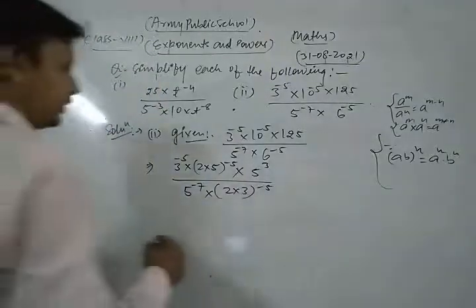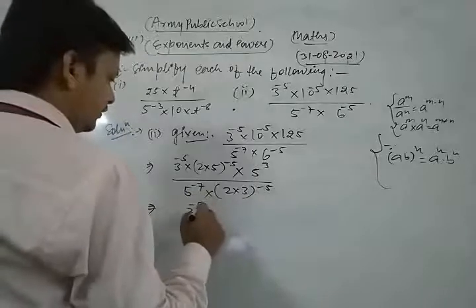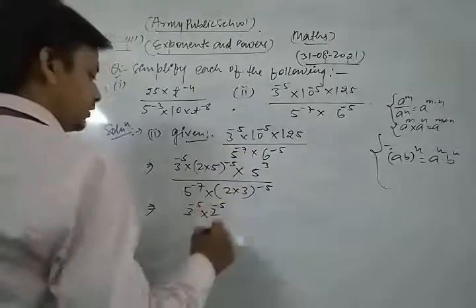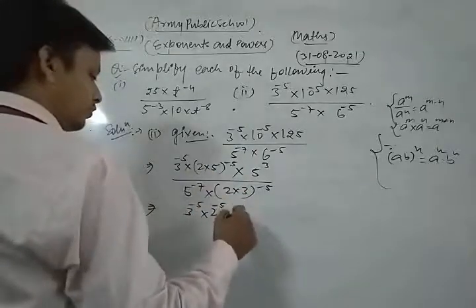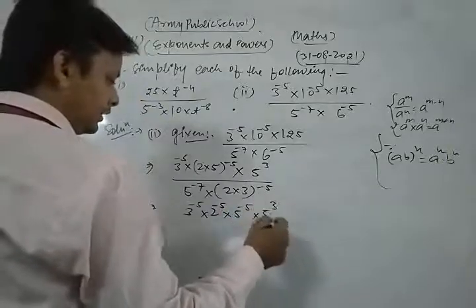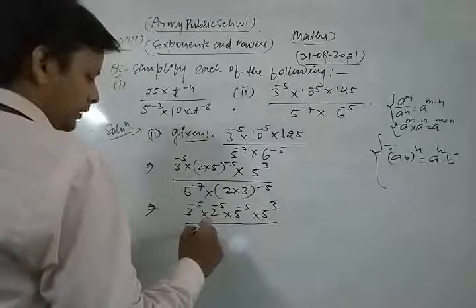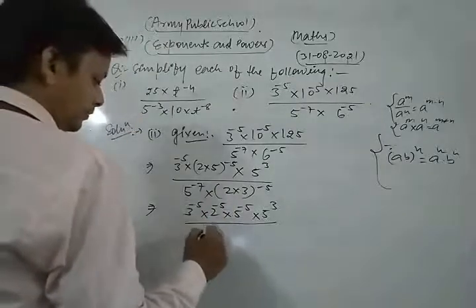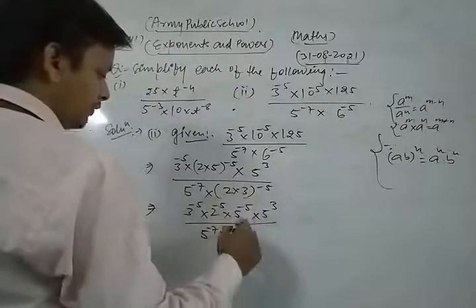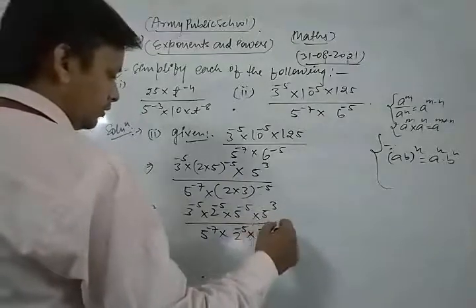Now we simplify here, so we have 3 power minus 5 into, if we break the bracket, 2 power minus 5 into 5 power minus 5, and 5 power 3 write as it is in the numerator. In the denominator we again split this bracket: 5 power minus 7 write as it is into 2 power minus 5 into 3 power minus 5.